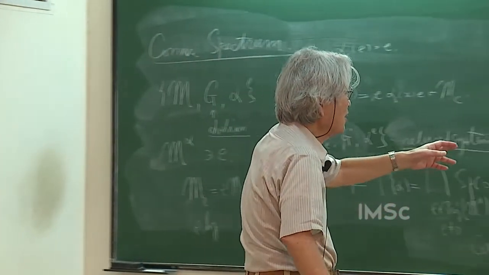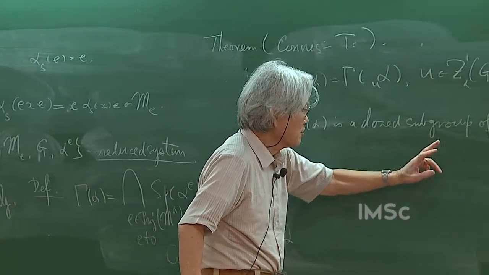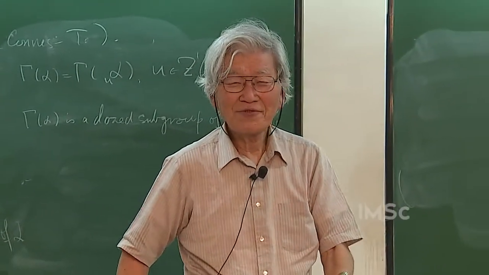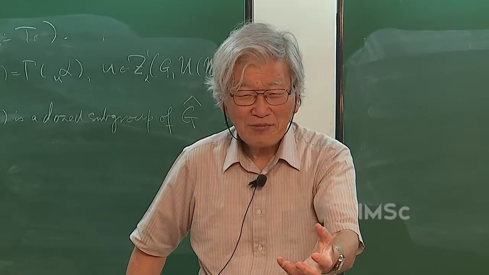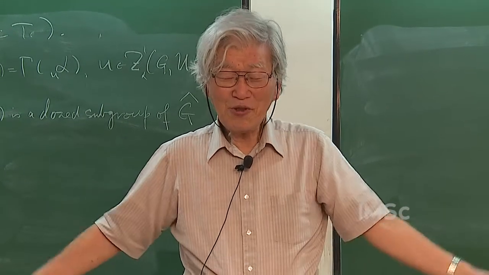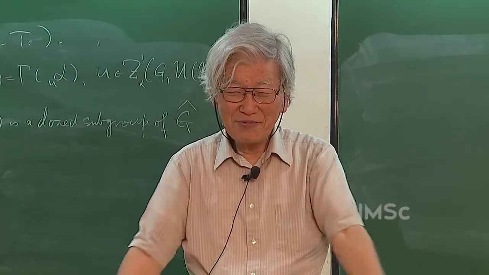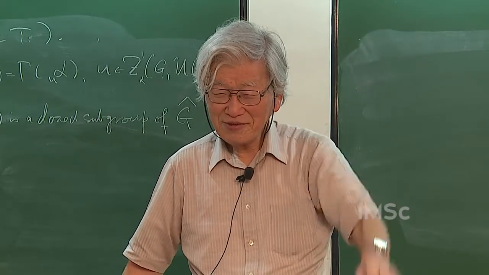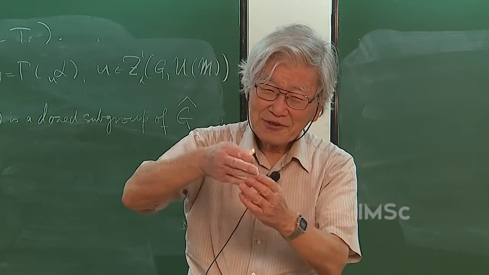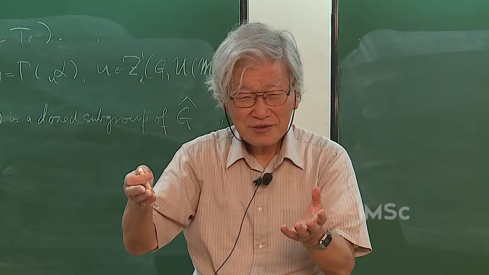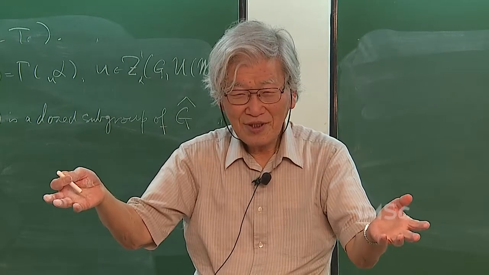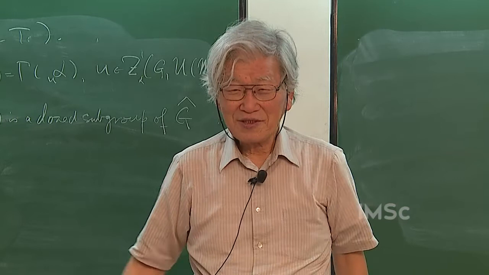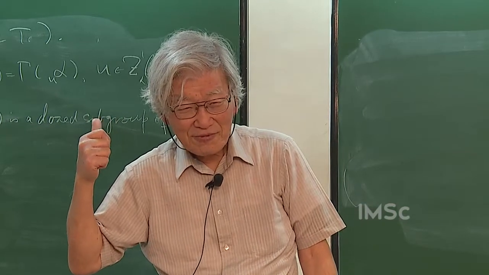But the gamma spectrum is a closed subgroup. For the real line, how many closed subgroups? You know, everybody, all the subgroups are your friend: zero, the trivial one, or a fixed number times the integers, or the whole real line.